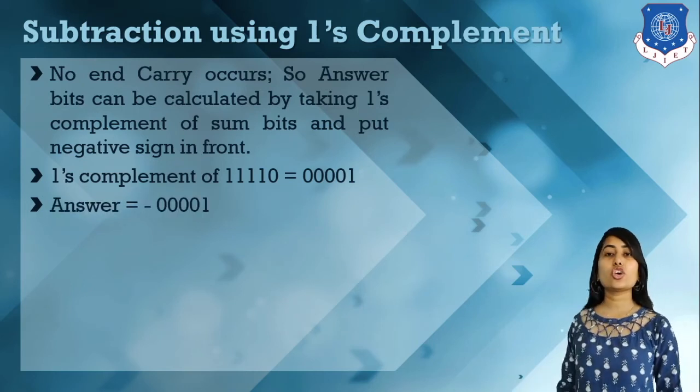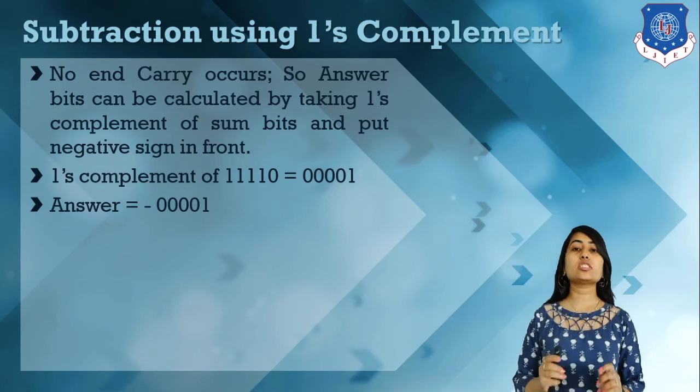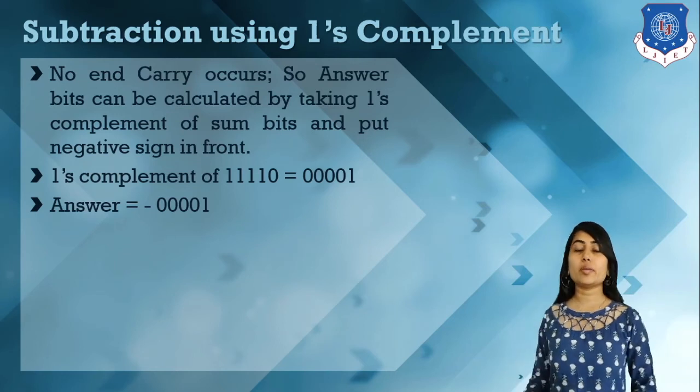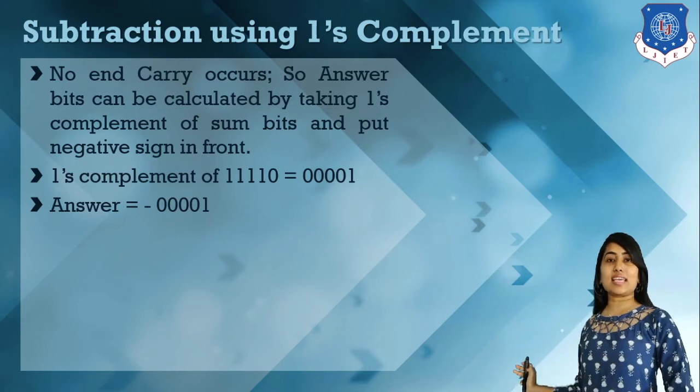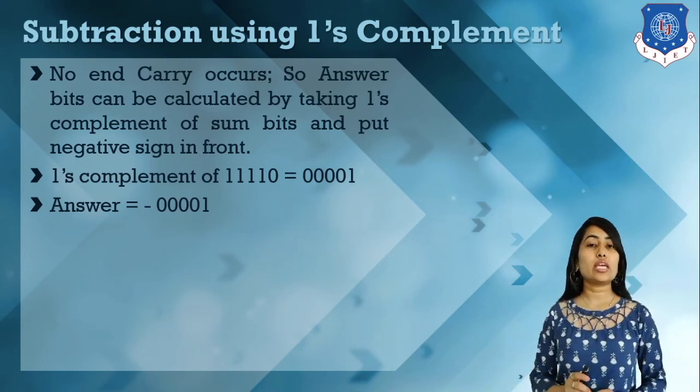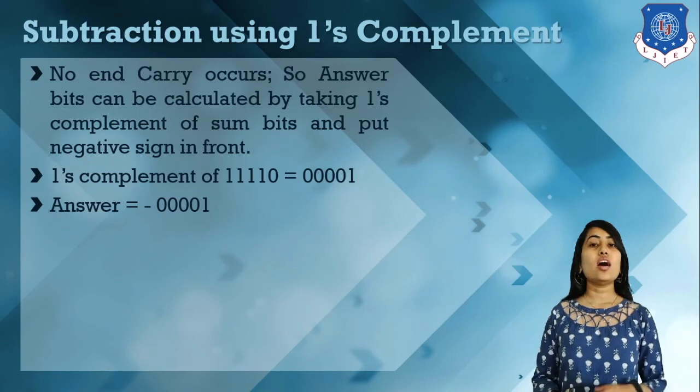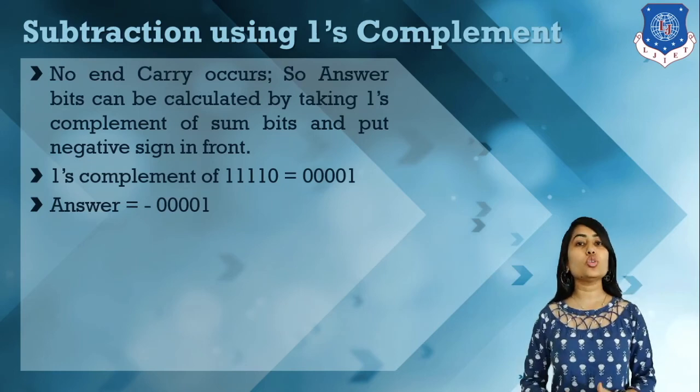This is how we can perform subtraction using ones complement whenever the first number is less than the second number. So this is how we can perform subtraction using either nines complement or ones complement. Thank you.